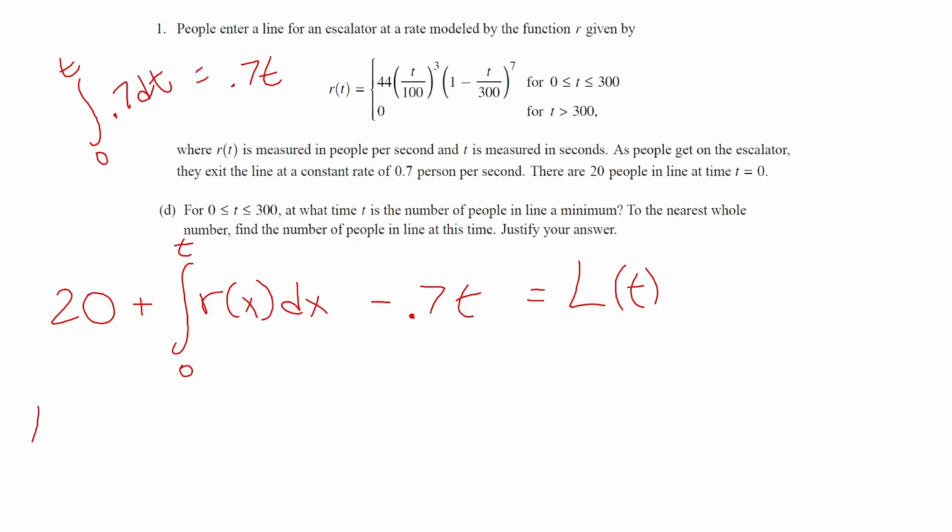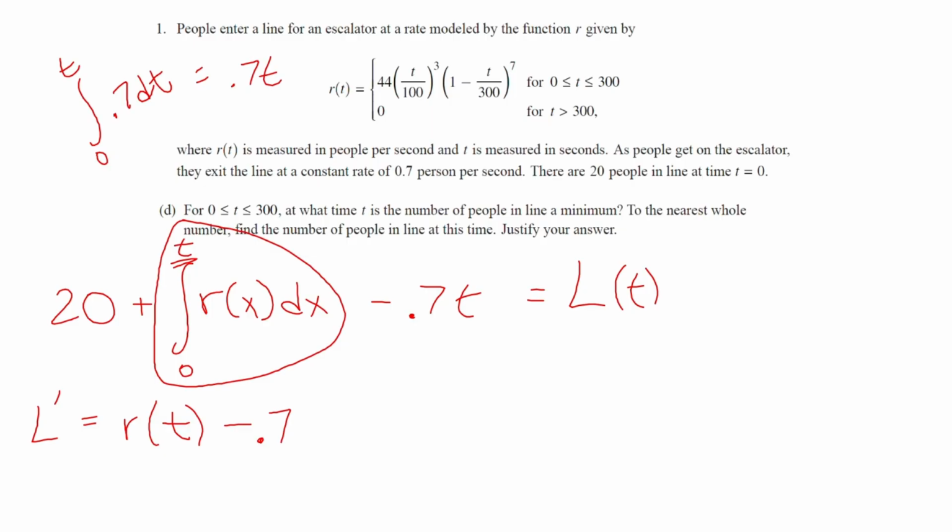So we have to take L prime. L prime is just going to be r of t, the derivative of the integral from 0 to t of r of x dx. The derivative of an integral from a constant to a variable t of a function is just the function in terms of t. And then, of course, minus the derivative of 0.7t, which is just minus 0.7.